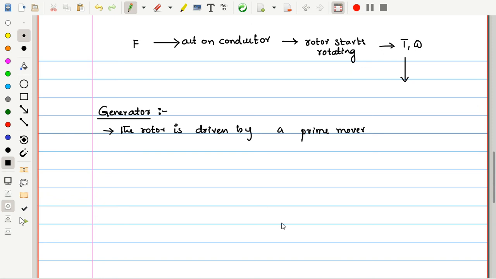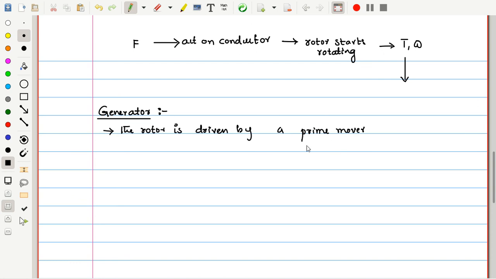Just imagine your ceiling fan. You are giving electrical energy and it is producing wind. But think of it in reverse, like a wind turbine. Wind is flowing, the blades experience the wind, thereby creating some torque on the blades, and the fan is going to be rotated because of the wind. That is the prime mover.